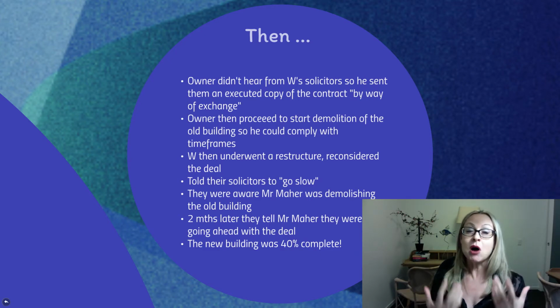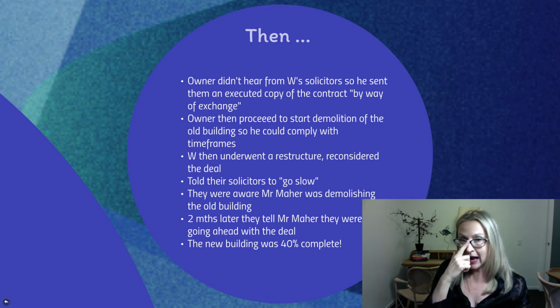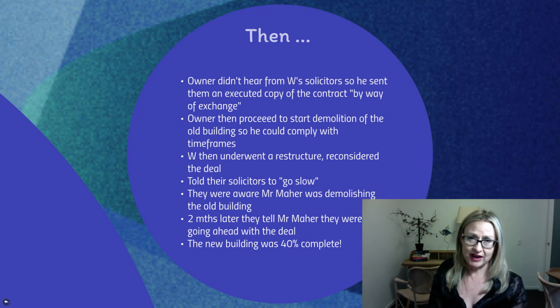So here is my executed instrument, and then what Waltons solicitors would have had to have done to form a binding contract was get Waltons to sign off themselves and provide that copy of the contract to Mr. Maher. Then all of a sudden you'd have a binding legal relationship existing.